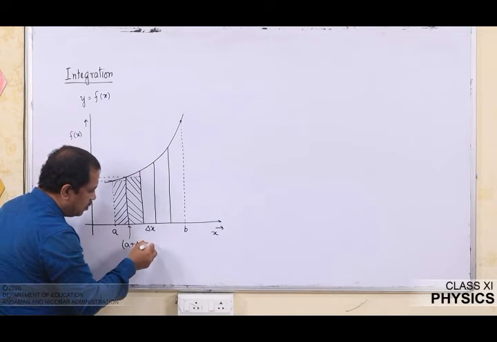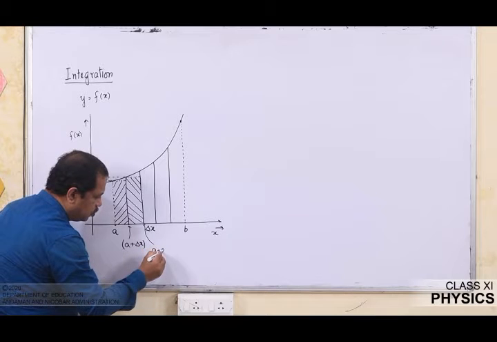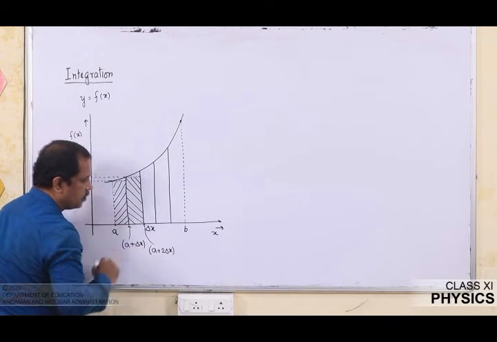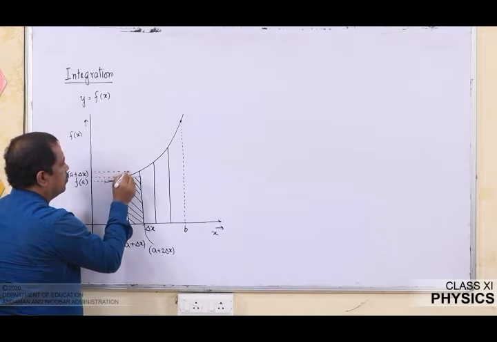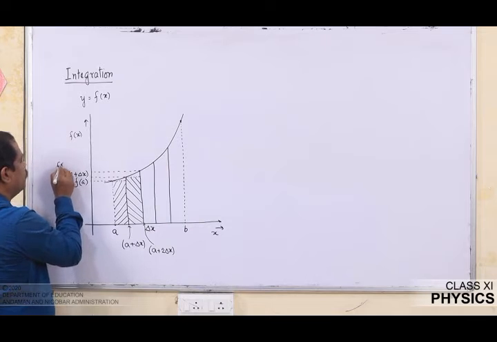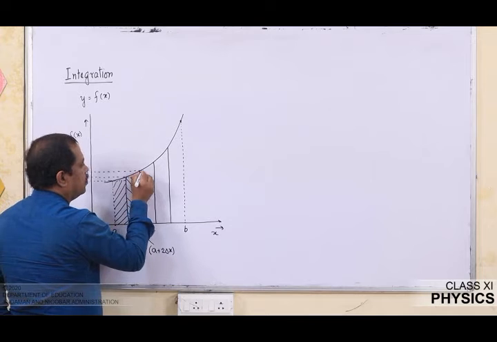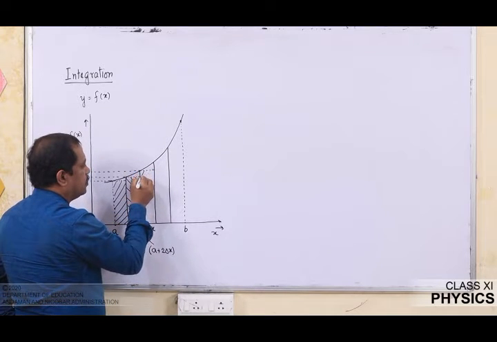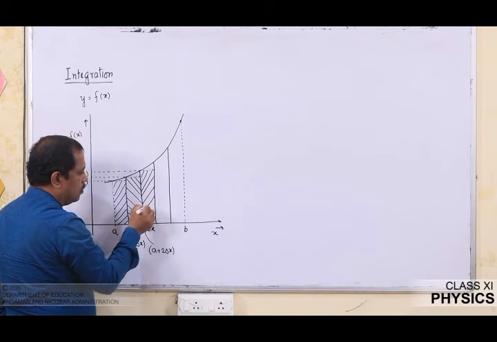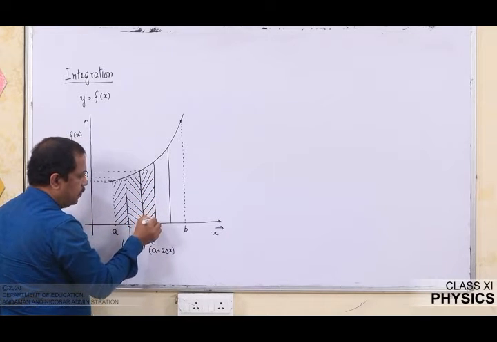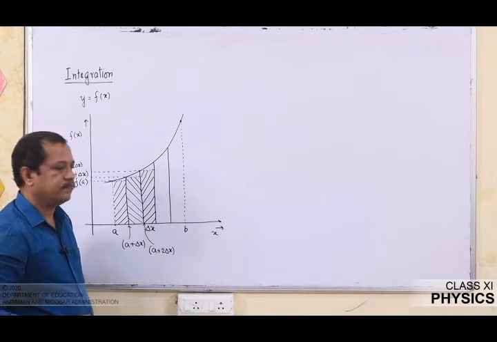Next, the value at this point is going to be a plus 2 times del x. The corresponding value of the function is going to be f of a plus 2 times del x. If I draw this horizontal line and calculate the area over here, I will definitely get the area of the strip, but a very small amount of area I am going to miss out.